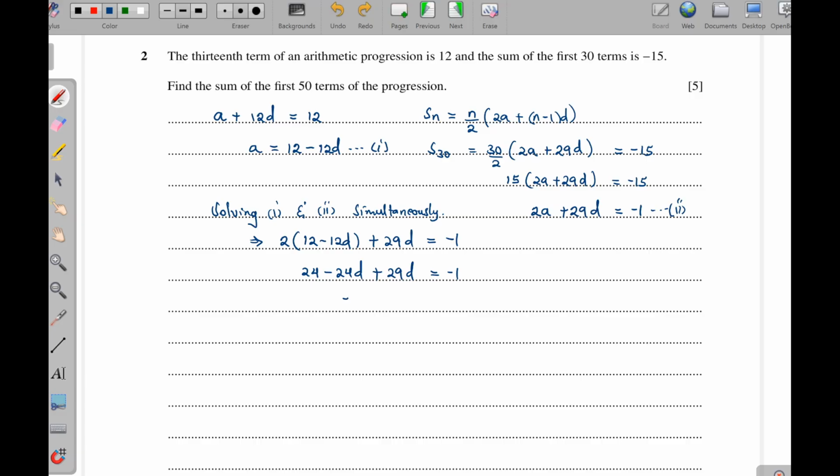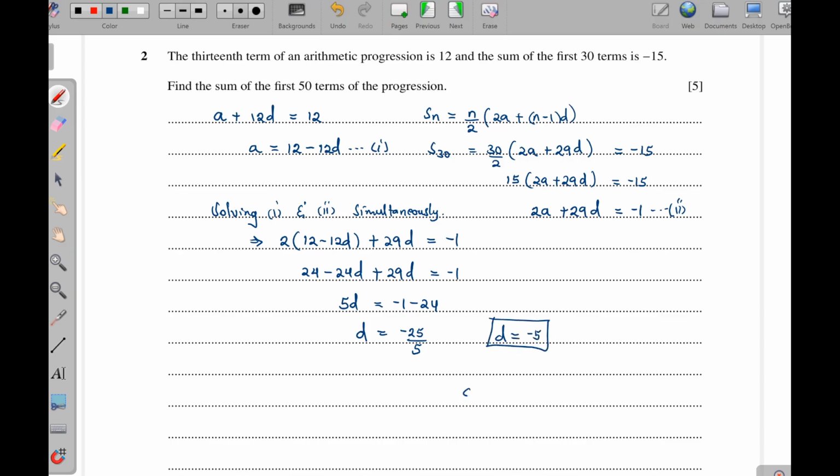So this is 5d, and then take this one this other side, it is negative 1 minus 24, so that is negative 25. So 5d is negative 25. Then we divide by 5, and then d becomes negative 5.